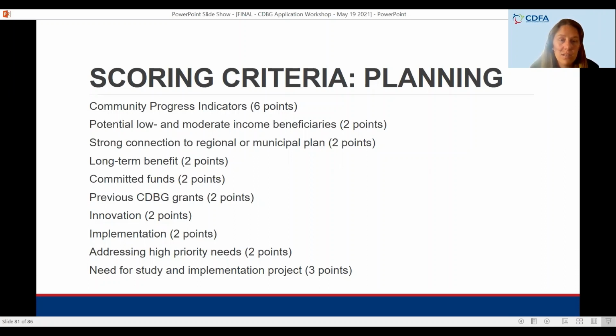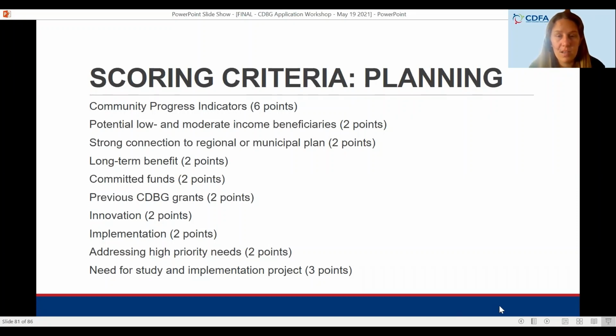Those criteria include the community progress indicators, the beneficiaries served, a strong connection to a regional or municipal plan, long-term benefits, committed funds, whether you've received CDBG grants in the past, really trying to ensure that grants are provided to as many municipalities as possible, whether the project that you're proposing is innovative, whether it will likely lead to implementation of a project, whether it addresses a high priority need, and whether there's a need for the study and implementation of the project.